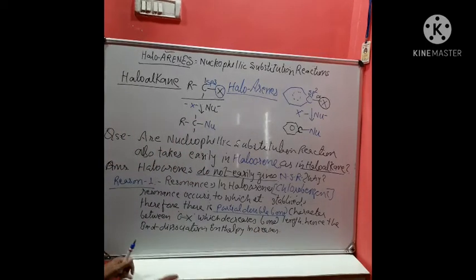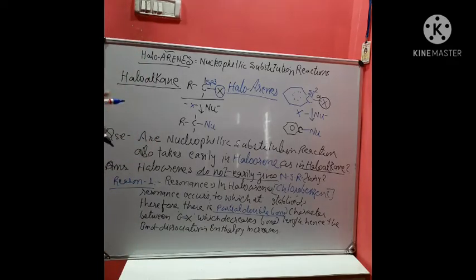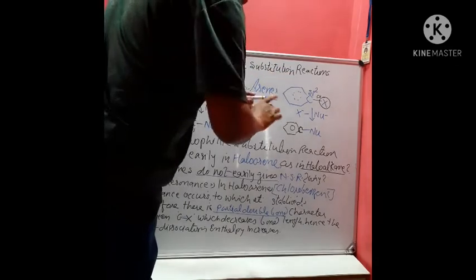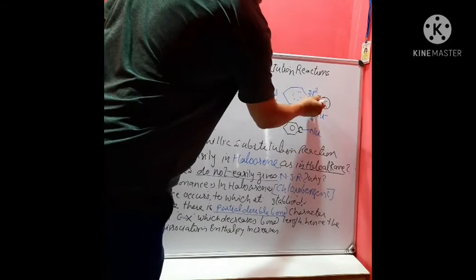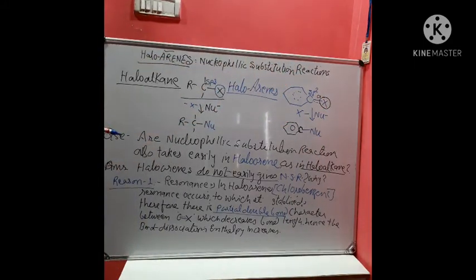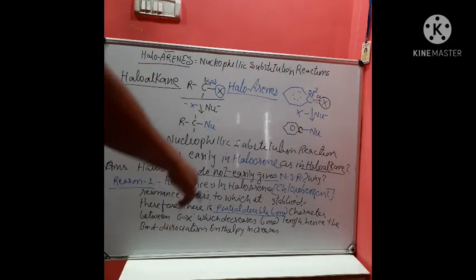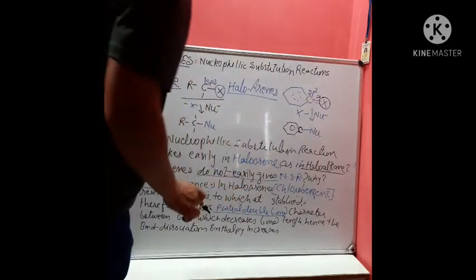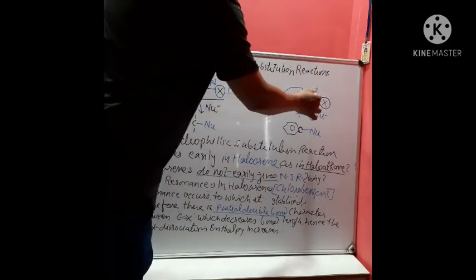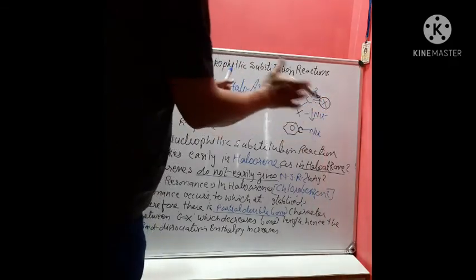Student, due to resonance there is some double bond character, that is, partial double bond character. If there is partial double bond character, the bond length between C and X will decrease.